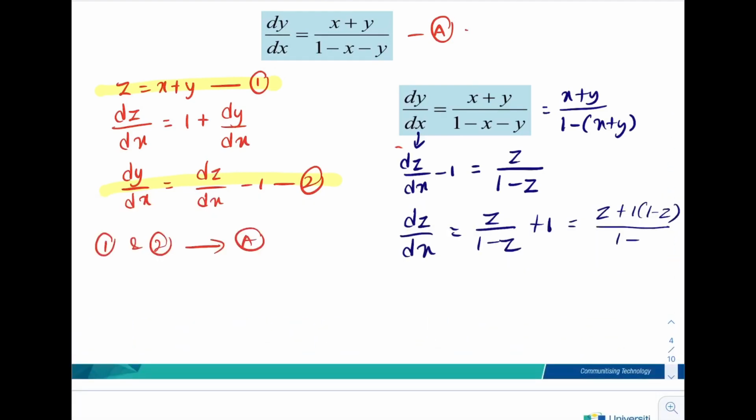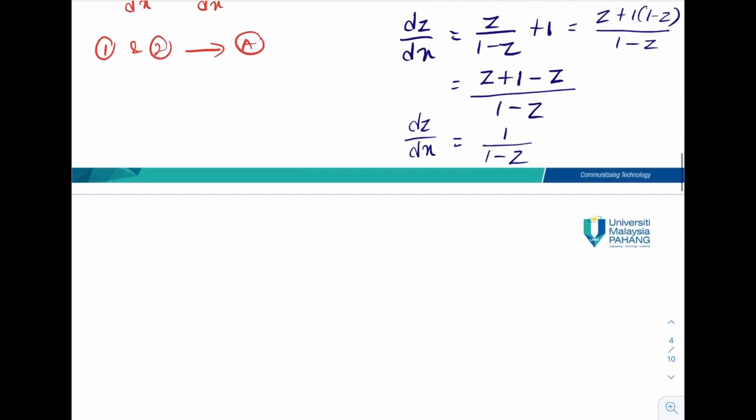So it will become z plus 1 minus z, isn't it? Yes, divided by 1 minus z. And then simplify, it becomes 1 divided by 1 minus z. This is dz dx.